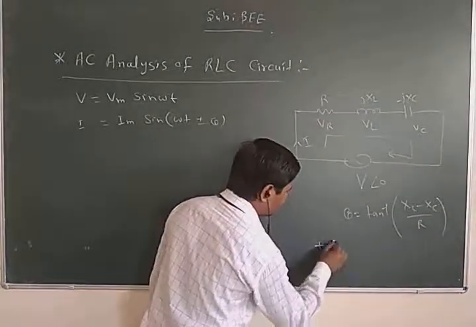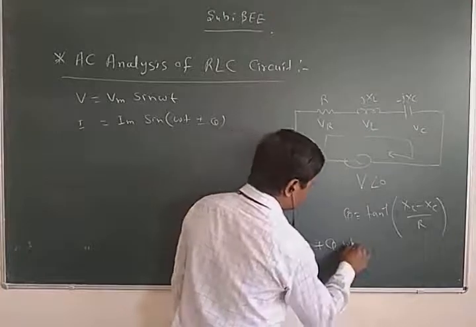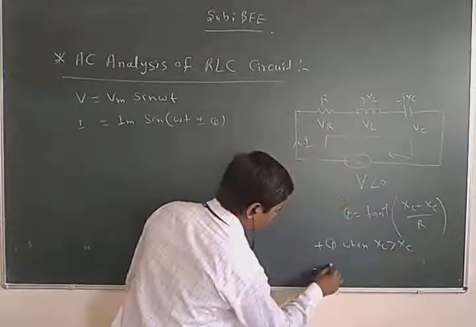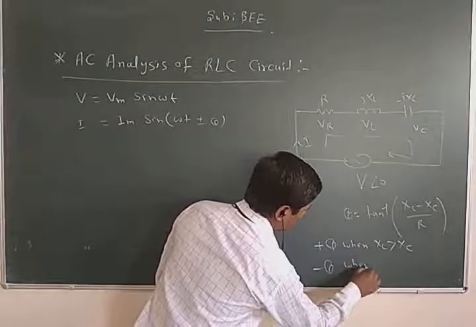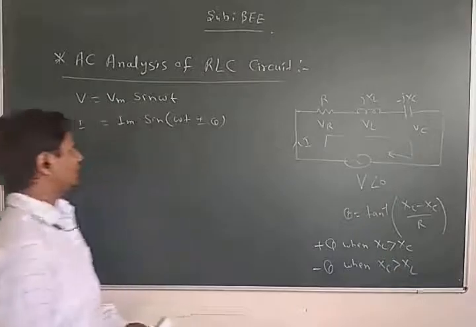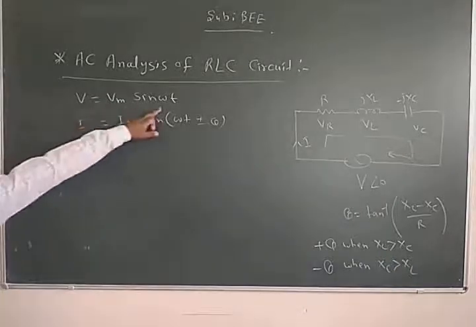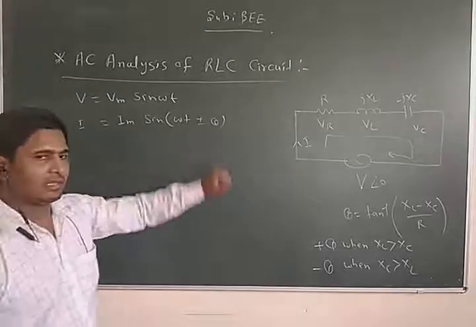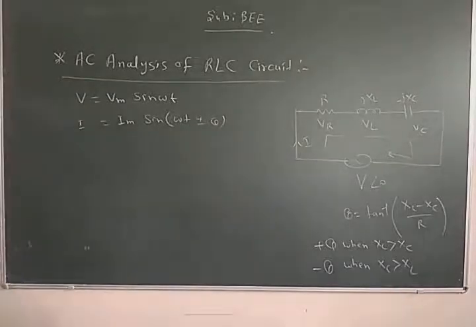Theta is positive when XL is greater than XC, and negative when XC is greater than XL. So V is equal to Vm sin omega t and I is equal to Im sin (omega t plus or minus theta).